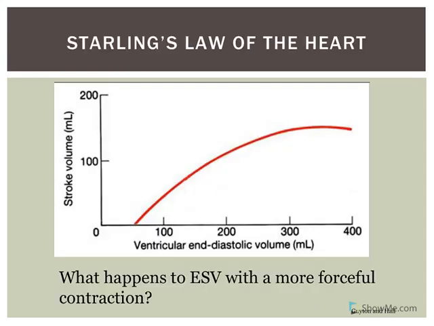So there's a thing called Starling's law of the heart, or it's referred to as Frank-Starling, and I put the hyphen because it's two different people, Frank and Starling. Starling's law of the heart shows the relationship between end diastolic volume and stroke volume. So if you notice the curve, as end diastolic volume increases, stroke volume goes up, though it has its limitations.